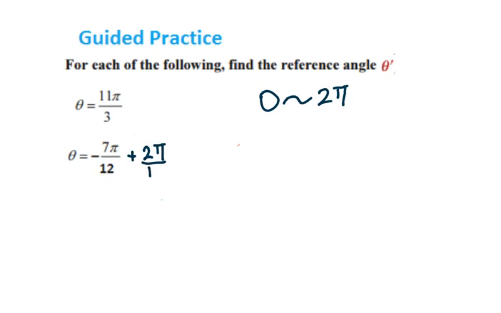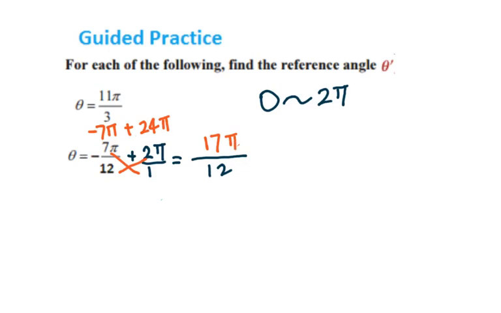Then I have to do the operation: the denominator multiplied is 12. This 2 multiplied with the negative 7 pi plus 24 pi. Therefore, you get 17 pi.